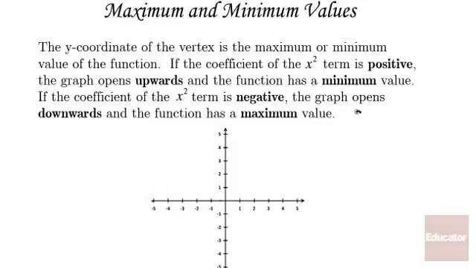So recall that the standard form is ax squared plus bx plus c. So that's the standard form of the function, f of x. And if I look at a, if a is greater than 0, so that means that the x squared term is positive, the parabola opens upward.